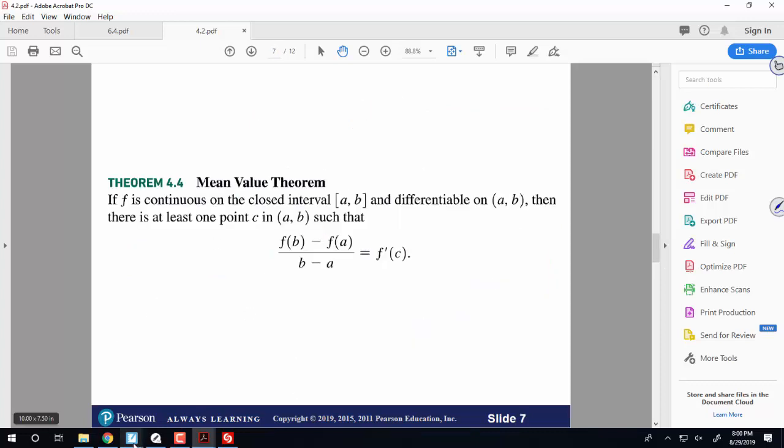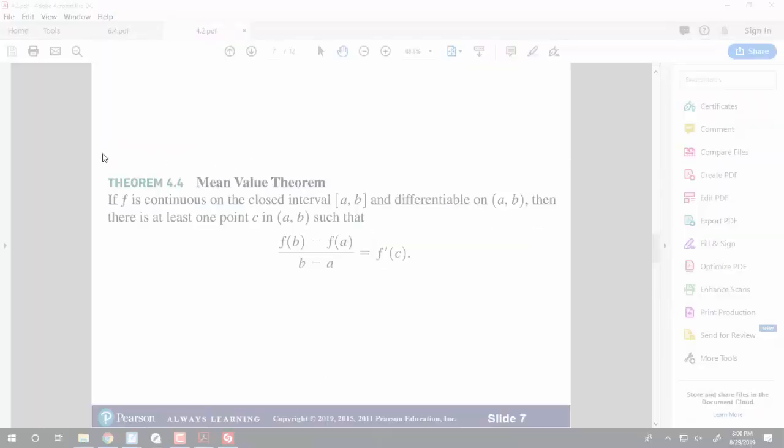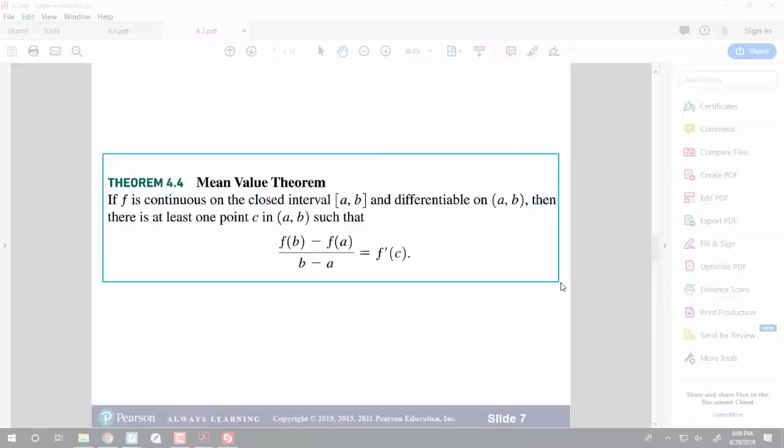So do y'all remember the mean value theorem? Does that ring a bell at all? Yes.